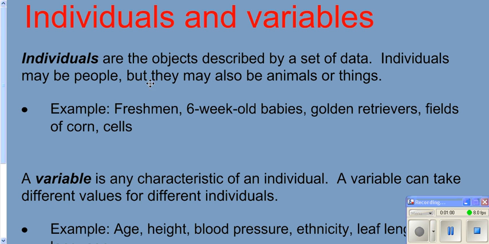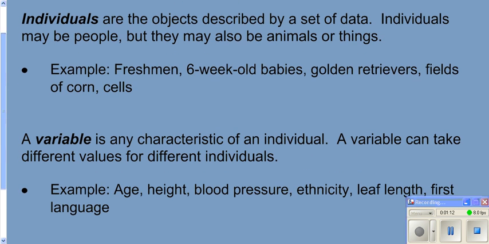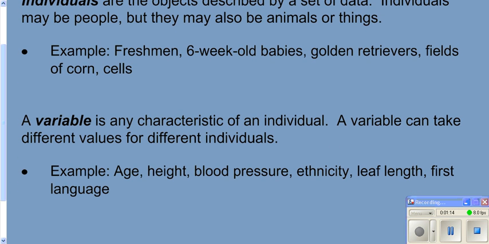But it could be number of freshmen, golden retrievers, fields of corn, or the cells you're studying. Your variable is basically the information you're collecting from those individuals. Is it their height, their ethnicity, length of the leaf, their blood pressure, their weight?